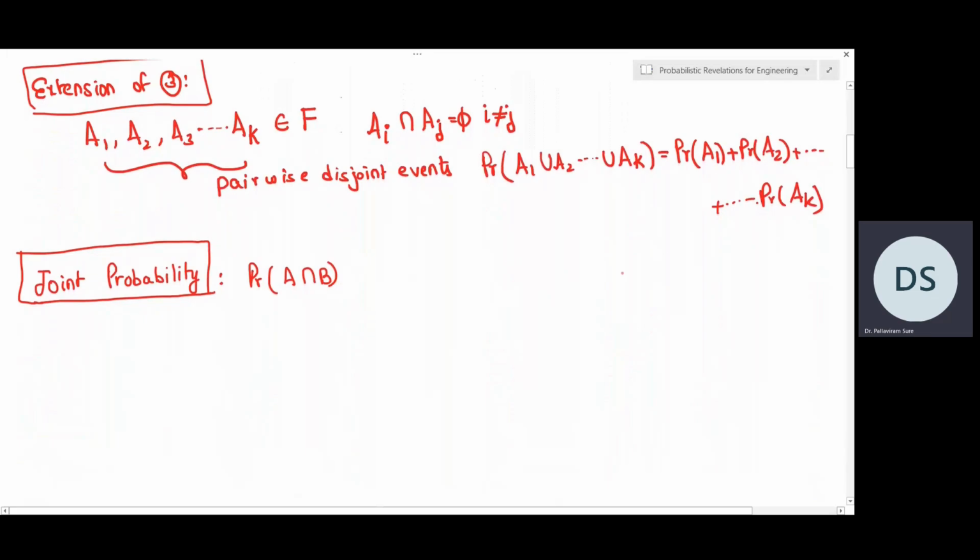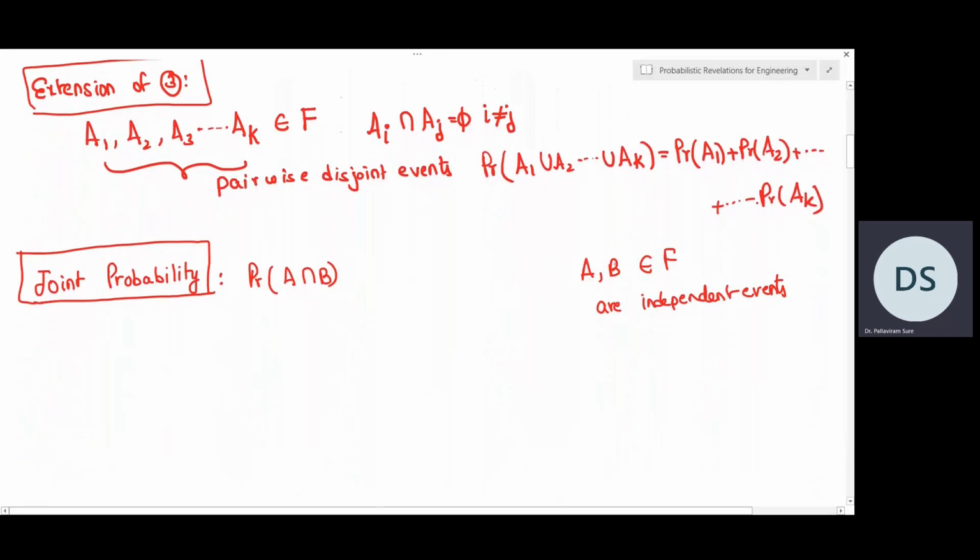Now let us say that A and B, which belong to the event space, are independent events. So the meaning is the occurrence of event A does not depend on B and vice versa.